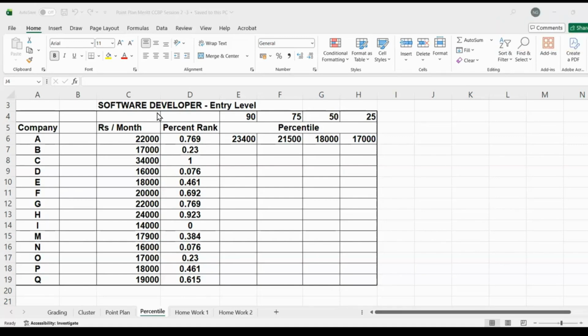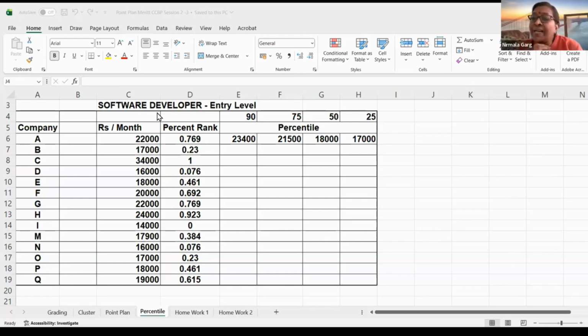When we talk about percentile, say I'm at the 35th percentile. What does it mean? That means 35 companies or people are getting lower, and 100 minus 35, 65 people are getting higher.